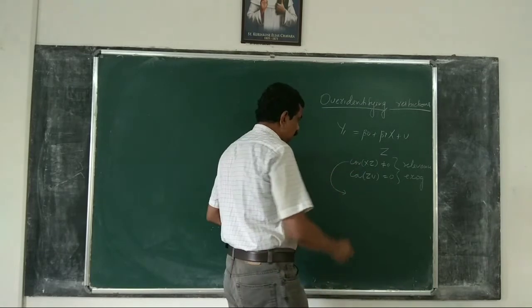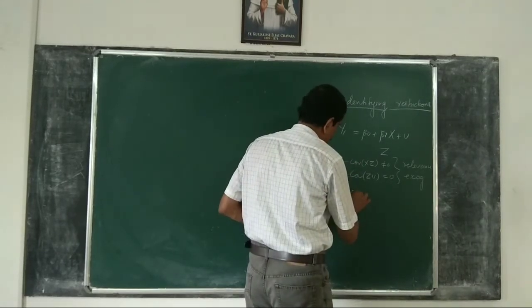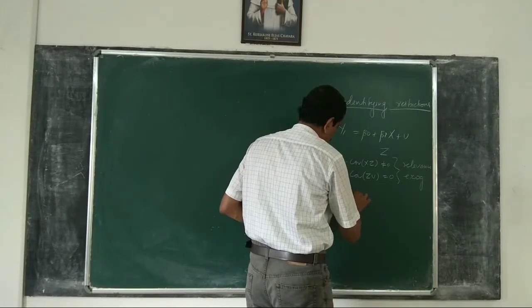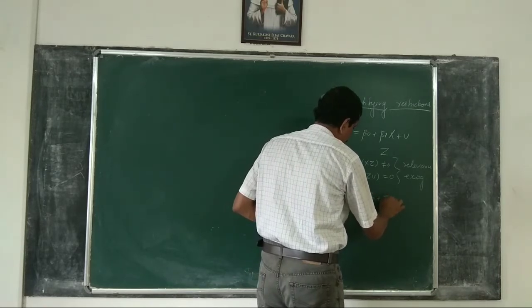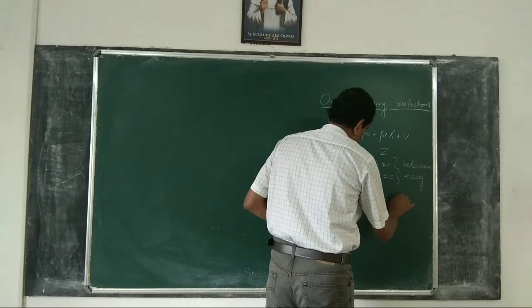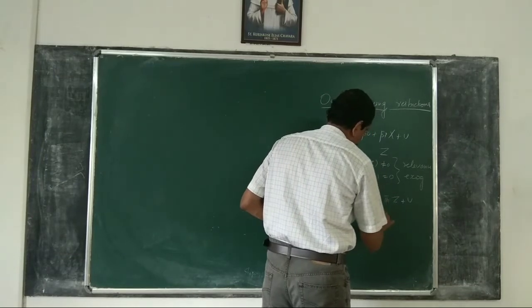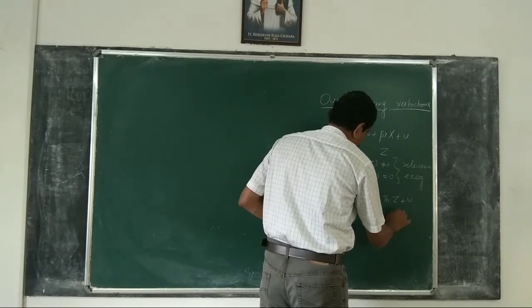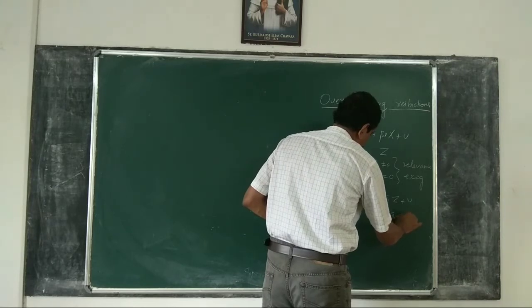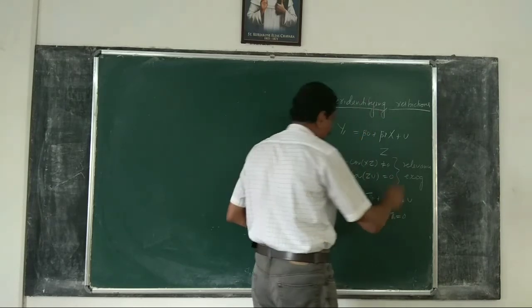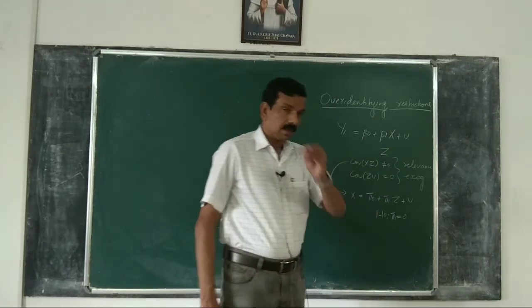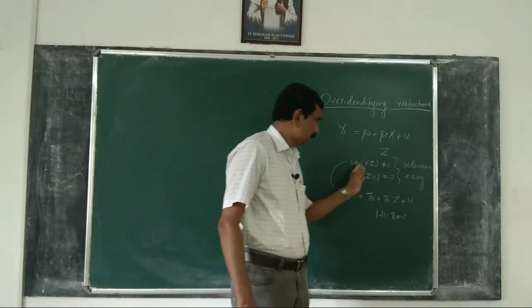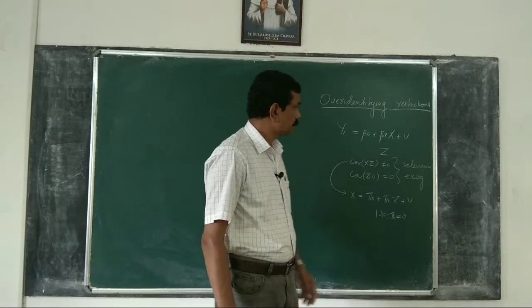Here we test the relevance like this, that is, x is equal to pi 0 plus pi 1 z plus u with the H0, pi 1 equal to 0 versus pi 1 not equal to 0. So, in the simple linear regression model, this can be easily tested.